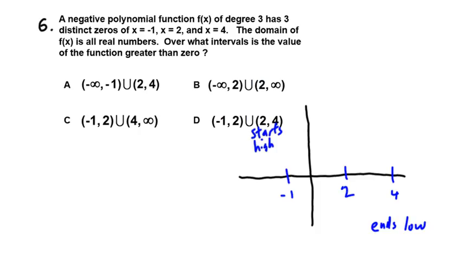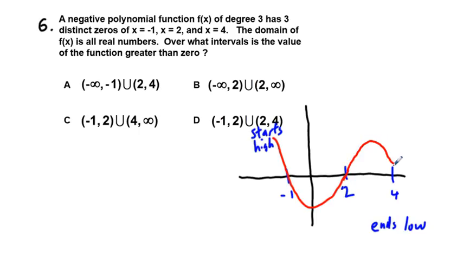And so just sketching this out, from the left, we're going to come down through x equals -1, go around down here and come back up through x equals 2, coming back up and then coming back down and touching x equals 4. Let me make a more representative graph.